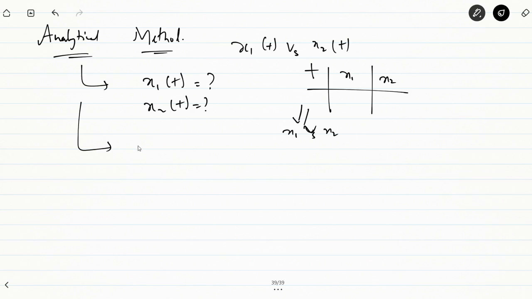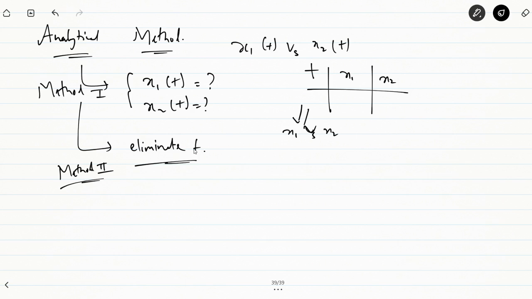But the second method that we use in analytical methods, and generally speaking we use it, we eliminate t. In second method, we basically eliminate t.